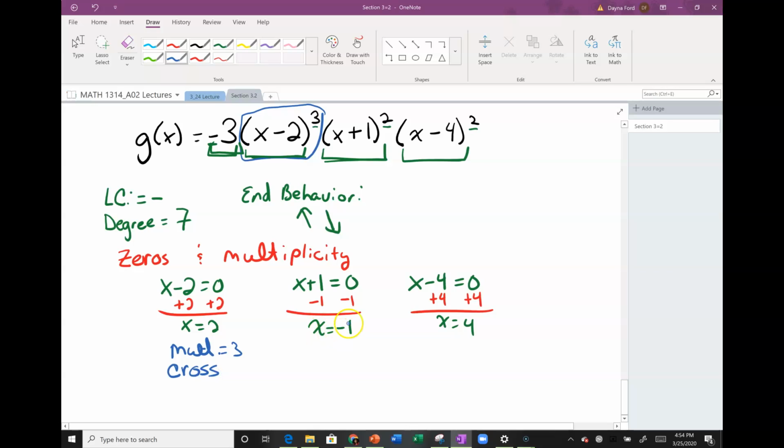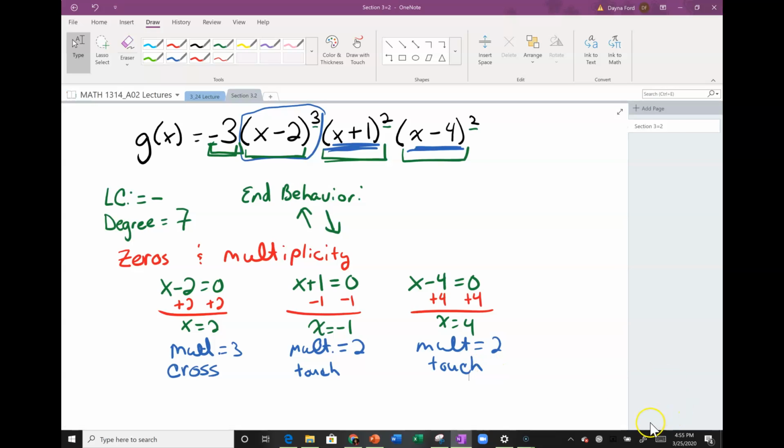Now, with x equaling negative 1, that is this term, it will have a multiplicity of 2. If we have an even multiplicity, that means that it will touch. And x minus 4, so x equal to 4, is this one. It also has a multiplicity of 2, which is again going to touch.